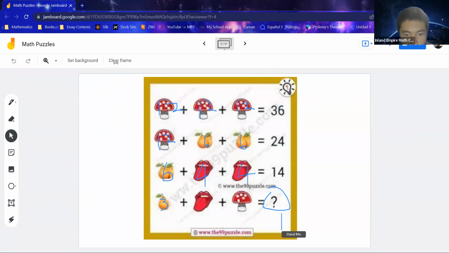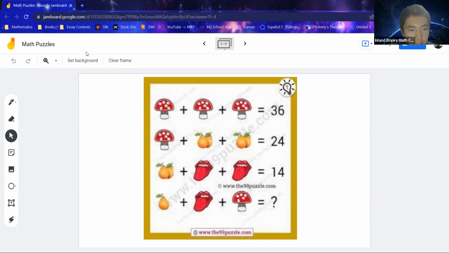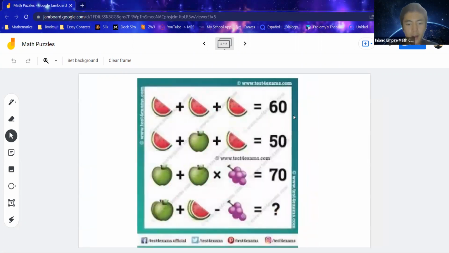David, is that correct? Yeah. Great. Good job, Lloyd. All right, let's do one more of these simple ones. It's going to gradually become harder. Albo, do you want to try this one?